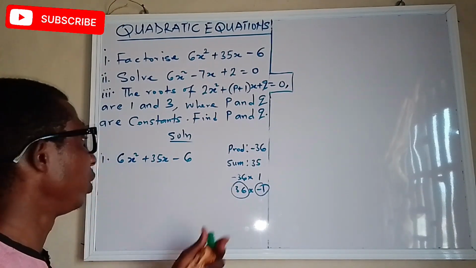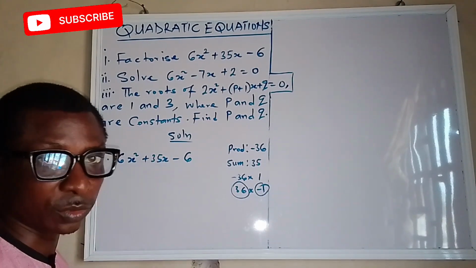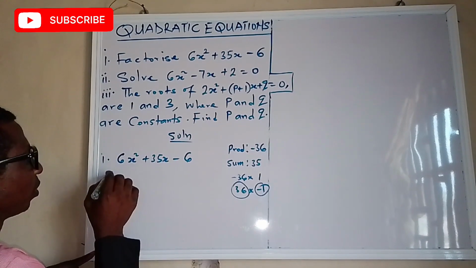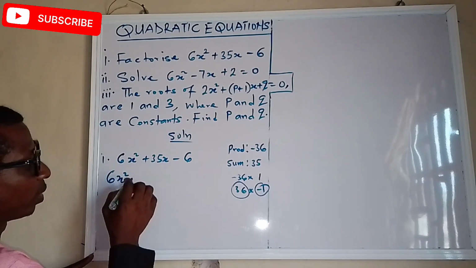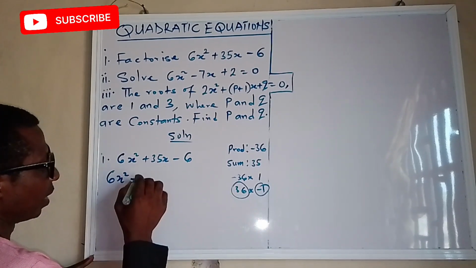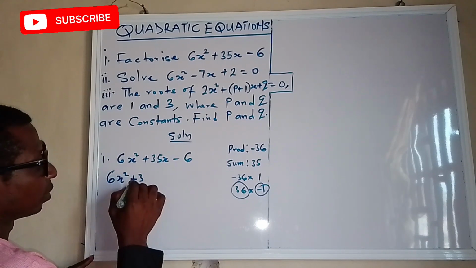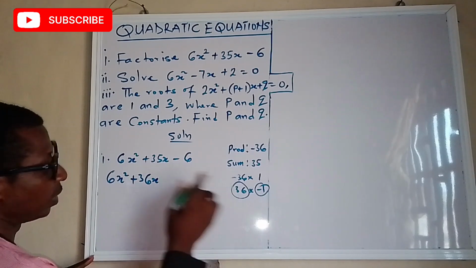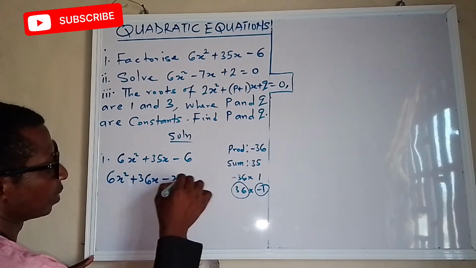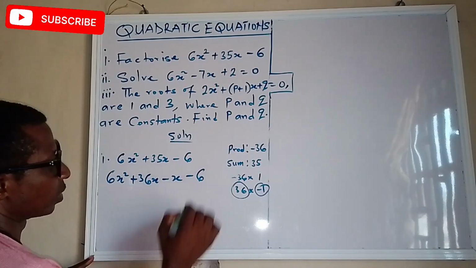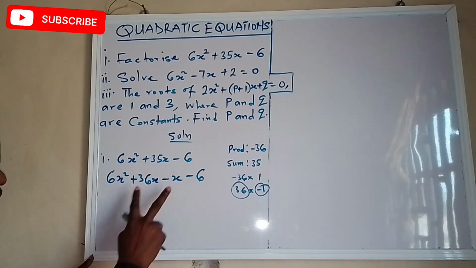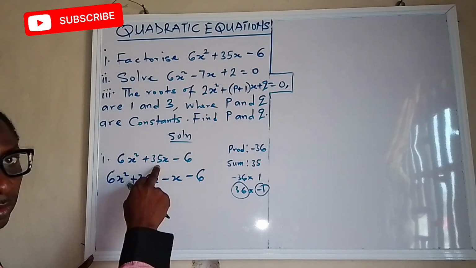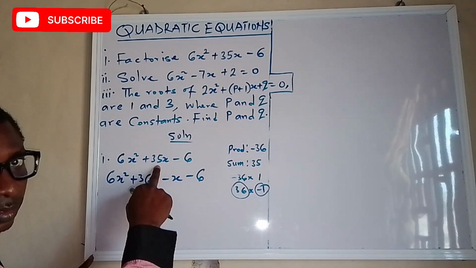Okay, so you incorporate this into this expression. So now this becomes 6x squared plus 36x minus 1x minus 6. So you see, when you join this together, it will give you plus 35x.